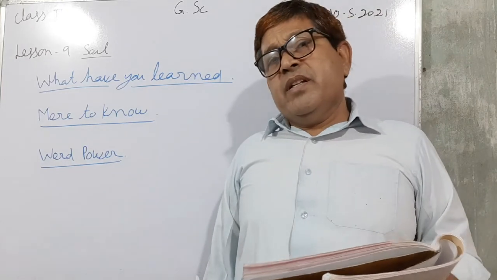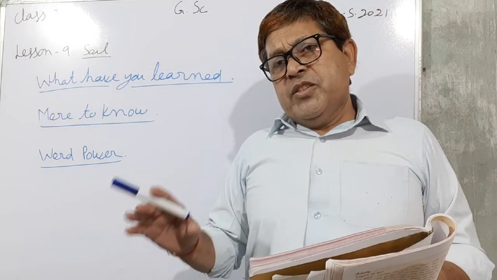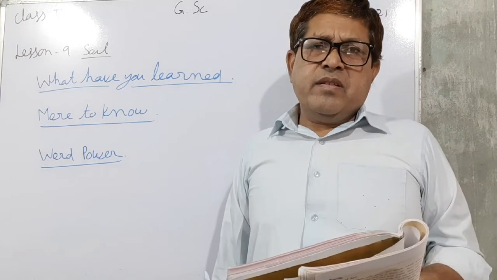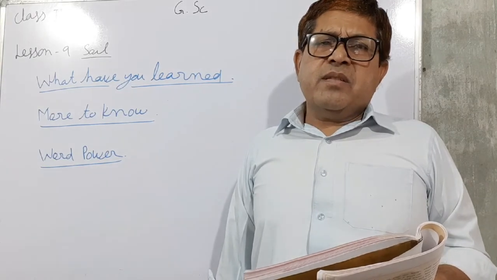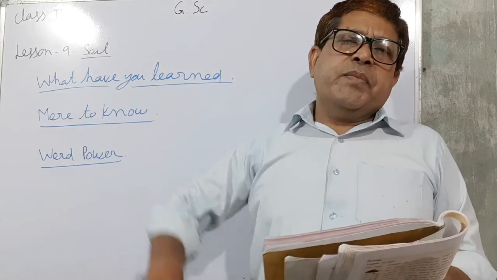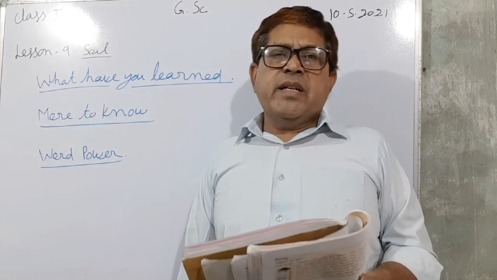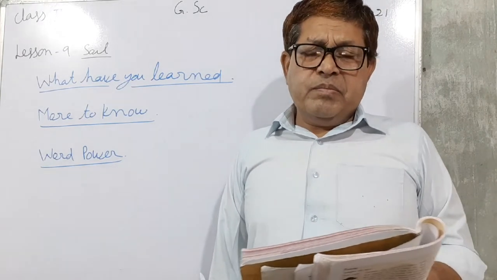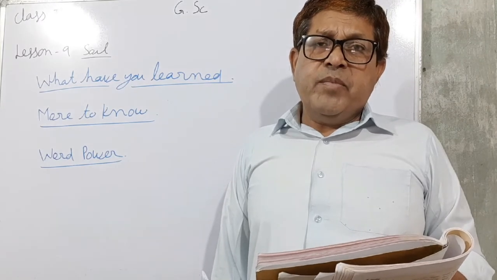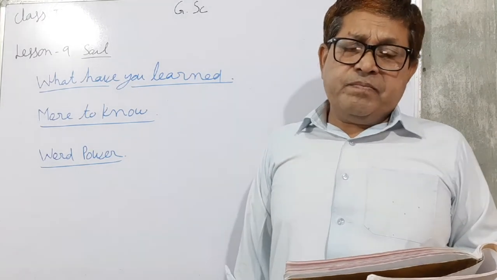Sometimes we use the term green manures. Some plants we directly plow in the field, and when they decay, they increase the fertility of soil. These are called green manures.